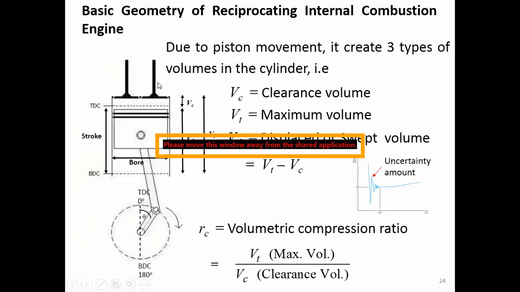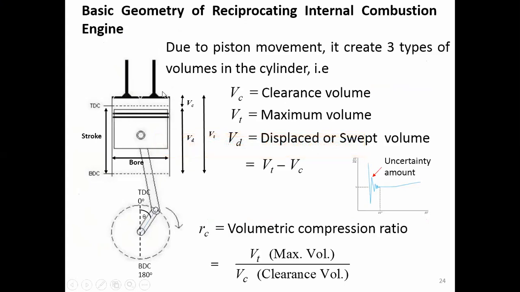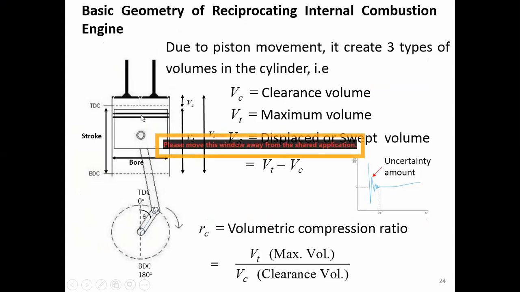Okay. Before we go to the engine operation, let's study some basic geometry of the reciprocating internal combustion engines. We have a piston and a cylinder, and we have the motion of the piston. Due to the movement of the piston, it creates three types of volume in the cylinder.